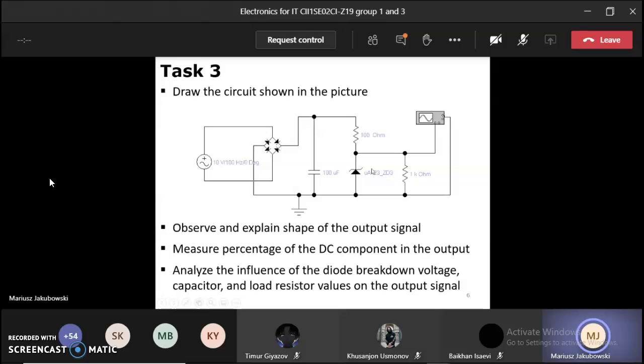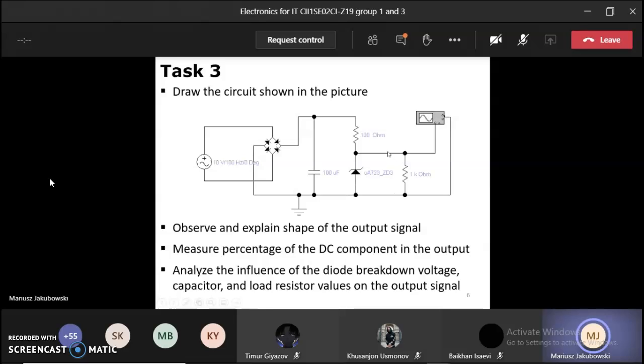It doesn't change much with current flowing. So we can use this property to stabilize the voltage across the capacitor. The voltage across the capacitor will vary, however, as long as it is above the breakdown voltage, the Zener diode will be working in the breakdown mode and will stabilize this voltage here.